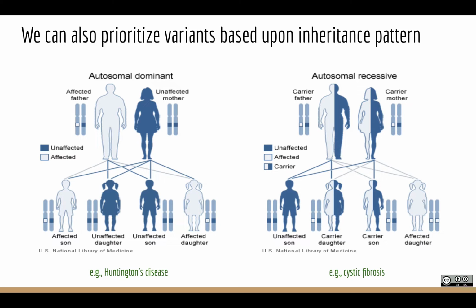Okay, so in a case where mom and dad are unaffected and kid is affected, there are two simple explanations. One, it's an autosomal recessive phenotype. Mom and dad are carriers, and the proband is the unlucky one that got the two bad alleles. Or it's a de novo dominant phenotype.